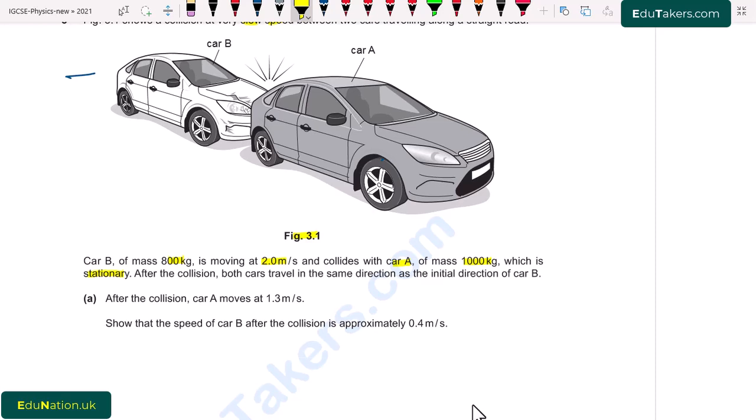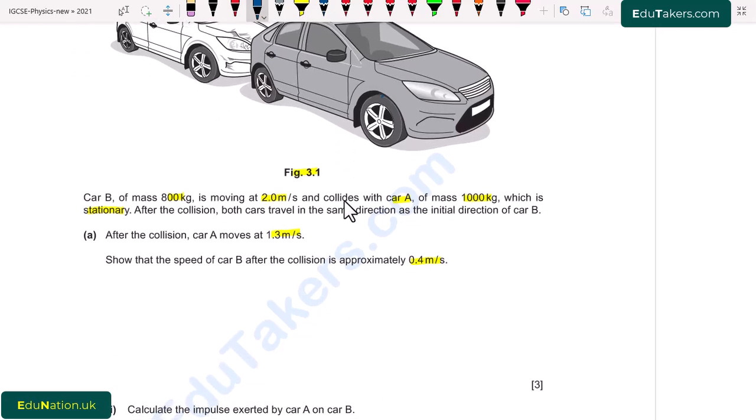Part A. After the collision, the car A moves at 1.3 meter per second. Show that the speed of car B after the collision is approximately 0.4 meter per second. So first of all, I write here the data that is given in this question, that for car B, mass is given, if I consider it M1, mass is given 800 kg. I write here 800 kilogram.